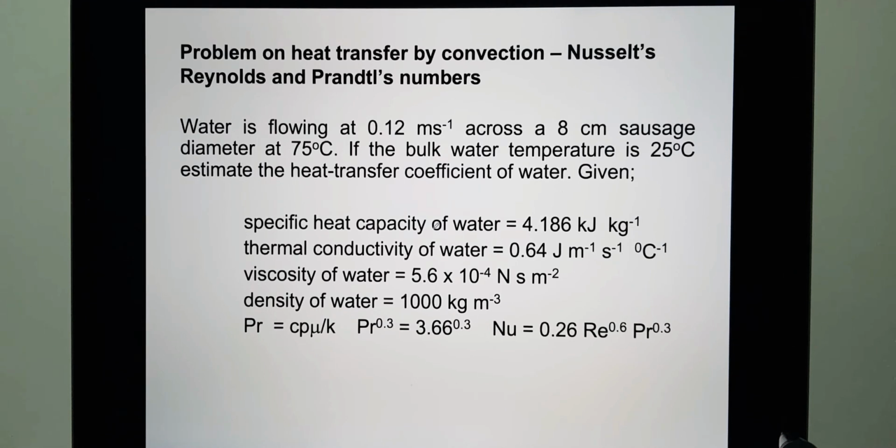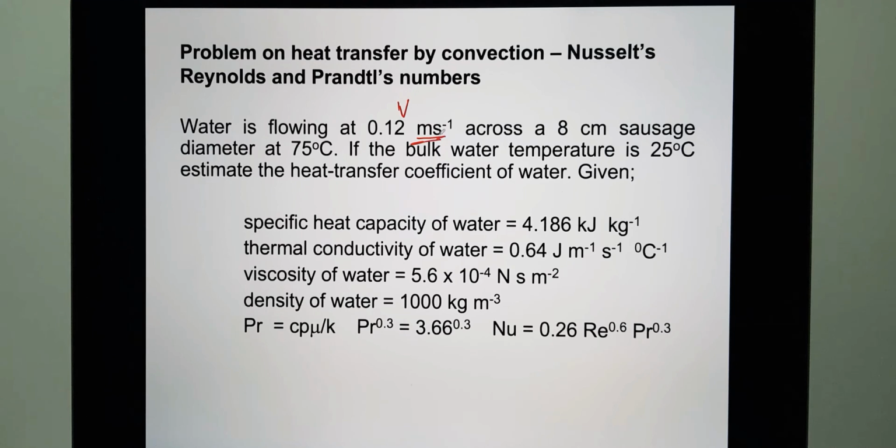Okay, a problem on heat transfer by convection, whereby again we are going to use the Nusselt and Prandtl number. Water is flowing at 0.1 meter per second across an 8 centimeter diameter sausage at 75 degrees Celsius. So this one is the velocity. How do you know this is velocity?